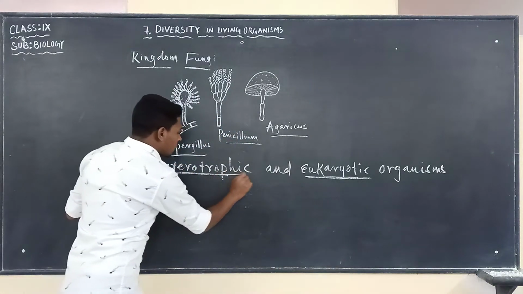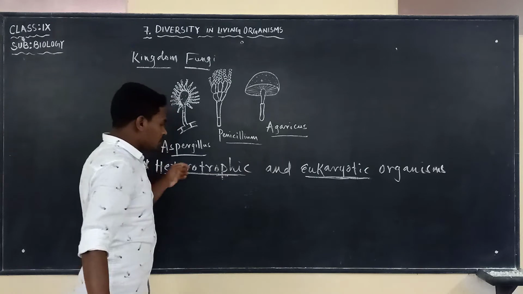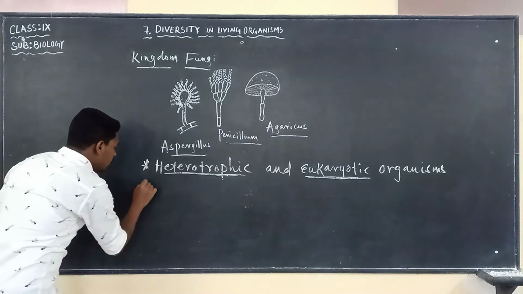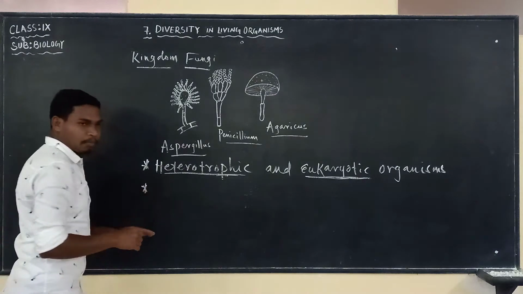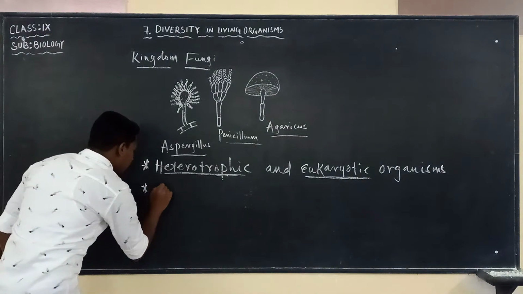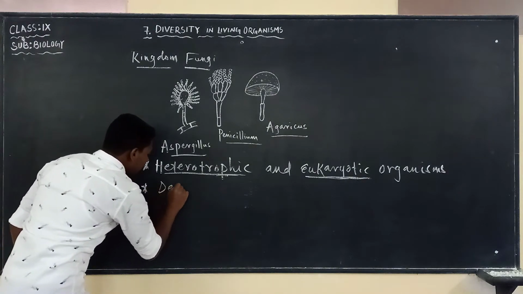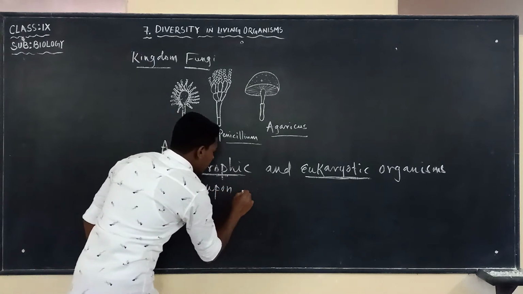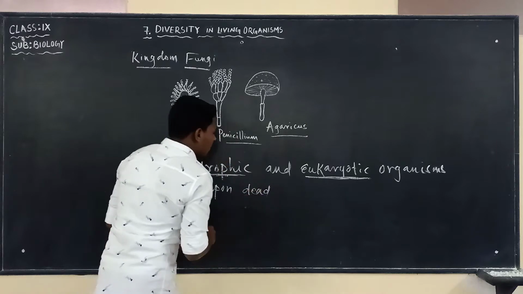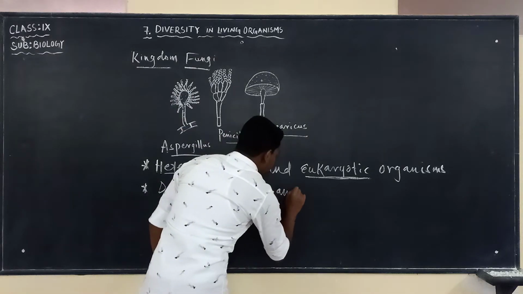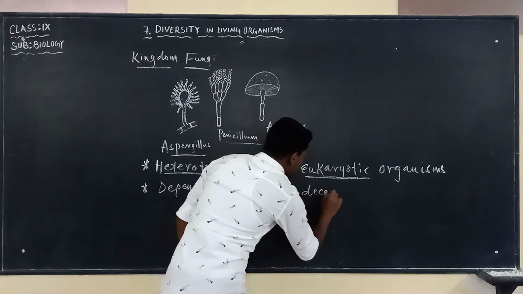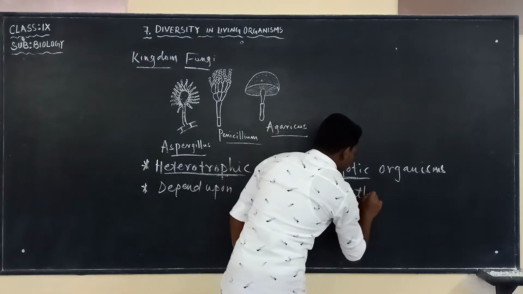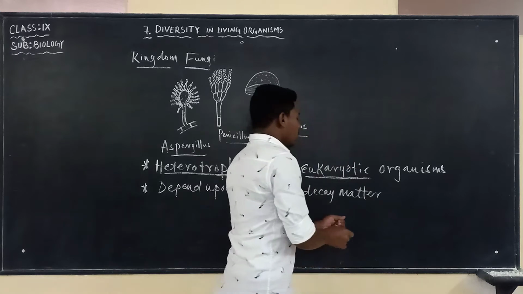If they are heterotrophic organisms, what kind of mode of nutrition do they have? They have a saprophytic mode of nutrition. They depend upon dead and decayed matter for their food.